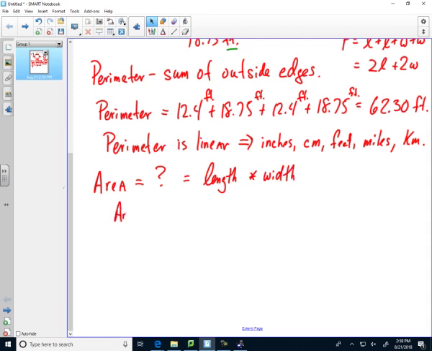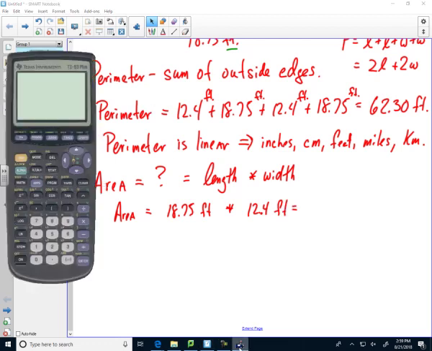Okay, so in our case here, the length was 18.75 feet, wasn't it? And then our width was 12.4 feet. Calculator? .75 times 12.4. What'd y'all get? That's a number.